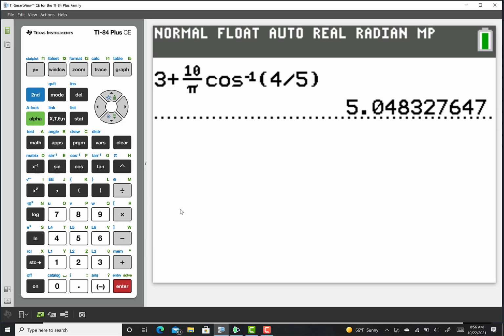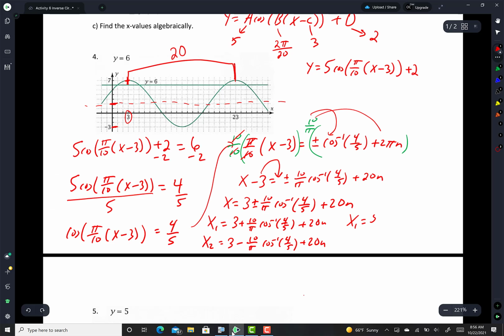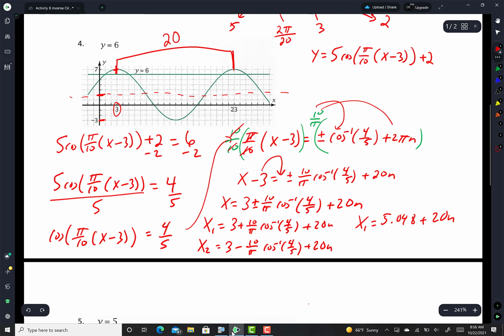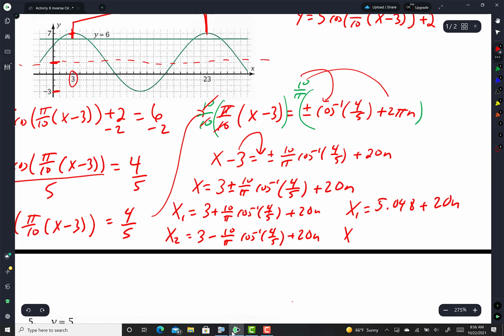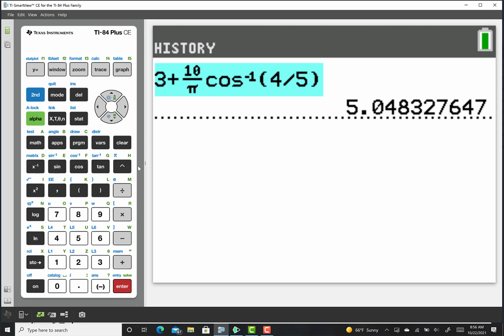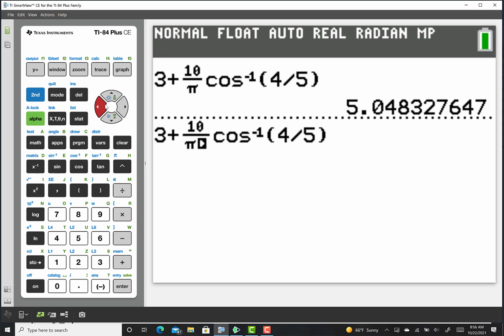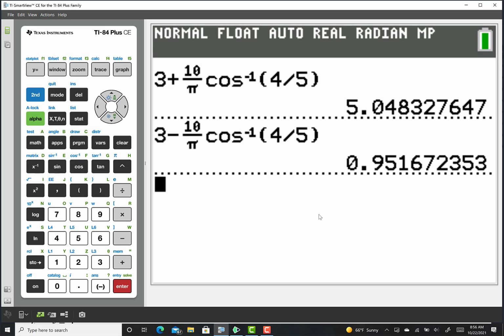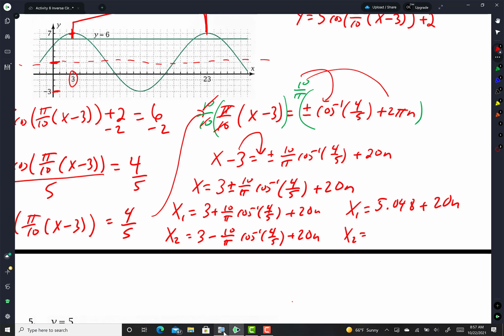Push enter. 5.048. 5.048 plus 20n. X2. Instead of plus, do minus. So I'm going to scroll up and just push minus here. 0.951, or 952.